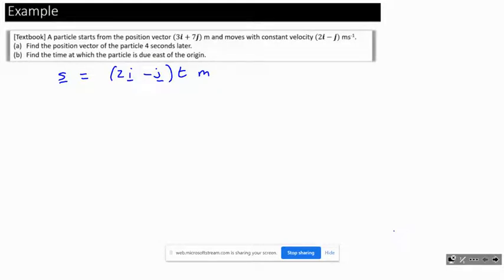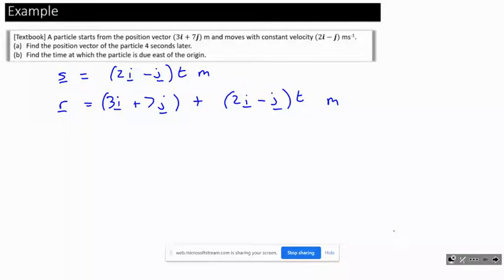If that's our displacement, then our new position vector, which I'll call r, is going to be our initial position, 3i plus 7j, add our displacement, which is (2i minus j) times by t meters.